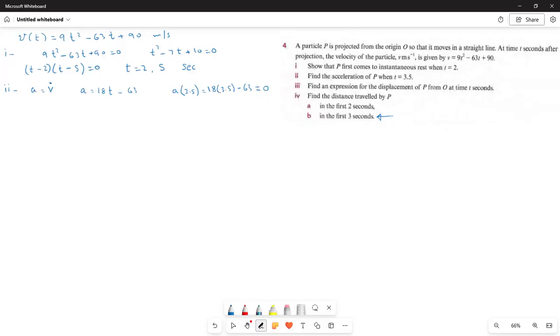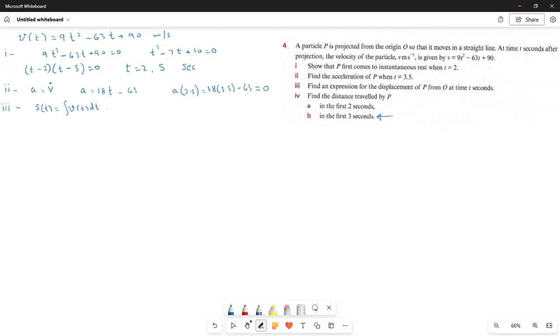Okay, very good. Now the third question is to find an expression for the displacement of P at time t. The displacement is the integral of velocity, as we have talked about before. So the displacement as a function of time is the integral of the velocity.